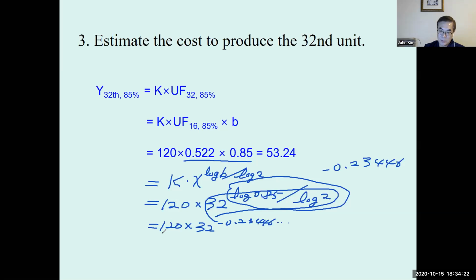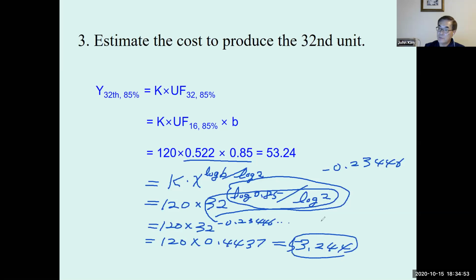Okay. Actually, 120 times 0.4437 times 120 equals 53.244.